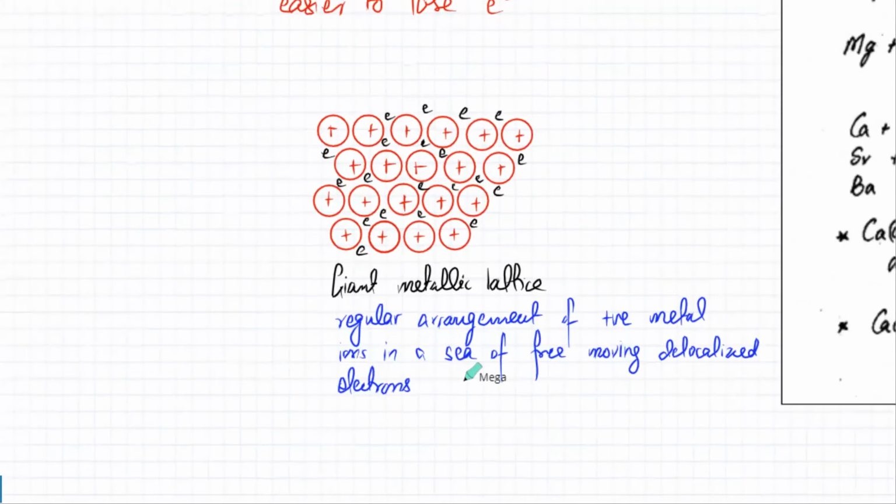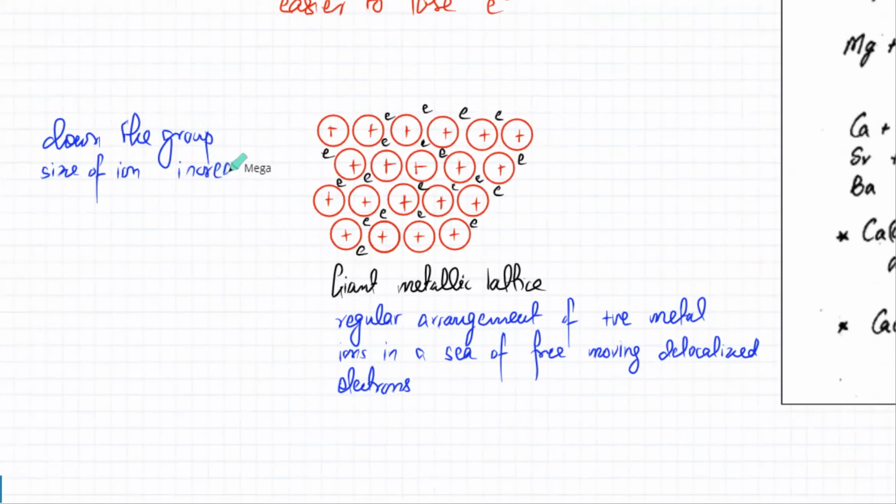So what happens down the group? When you move down the group, the size of the ion increases, and charge density decreases.